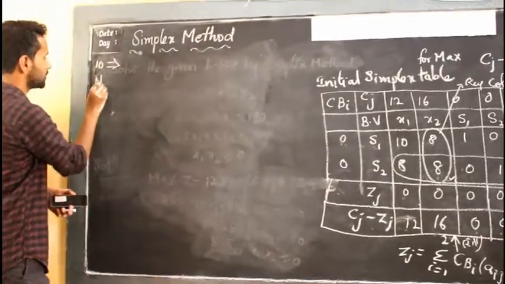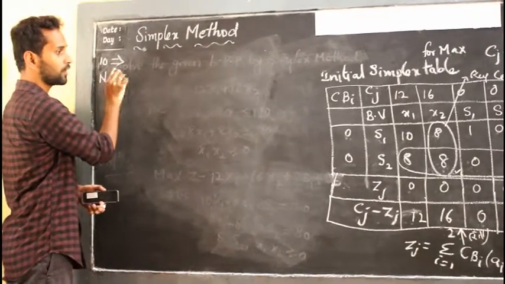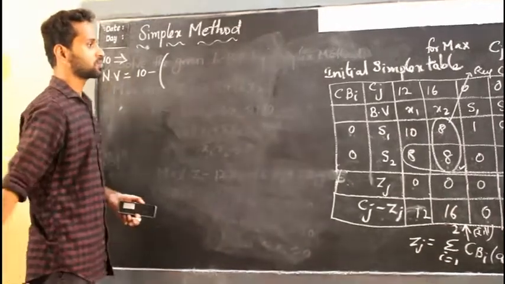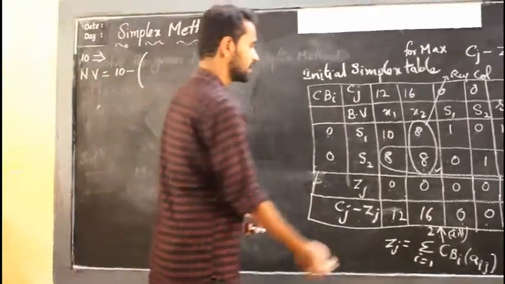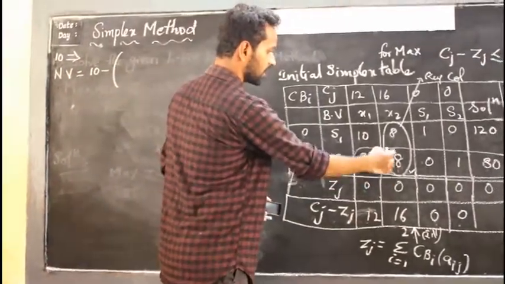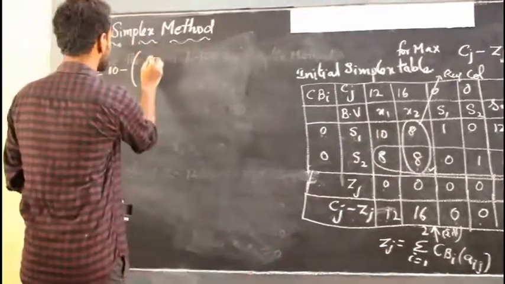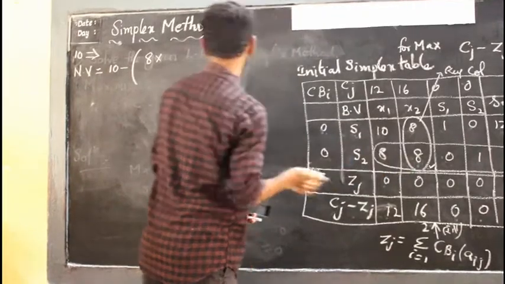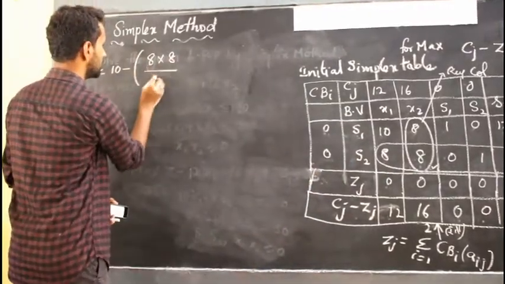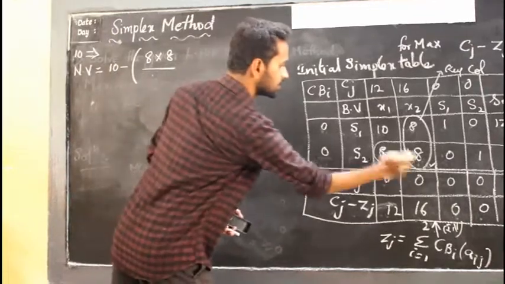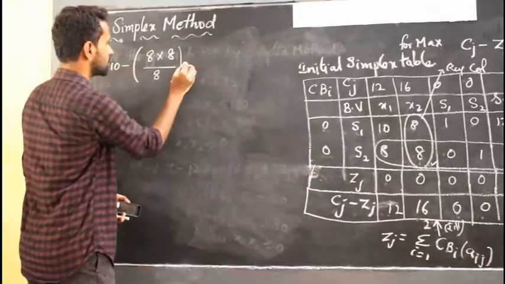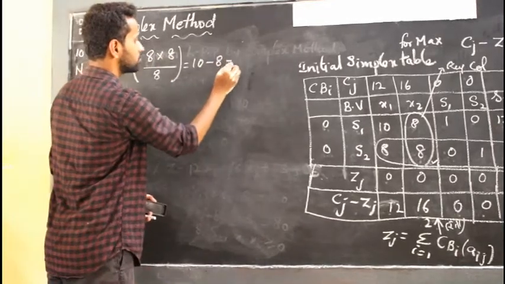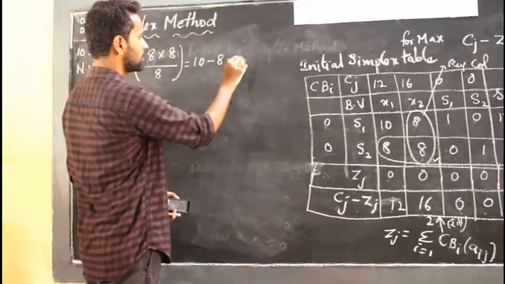New value equals 10 minus key corresponding column value. This is my key. The corresponding column value for 10 is 8, into key corresponding row value 8, divided by key value 8. So this becomes 10 minus 8, the 8s cancel, so the new value is 2.